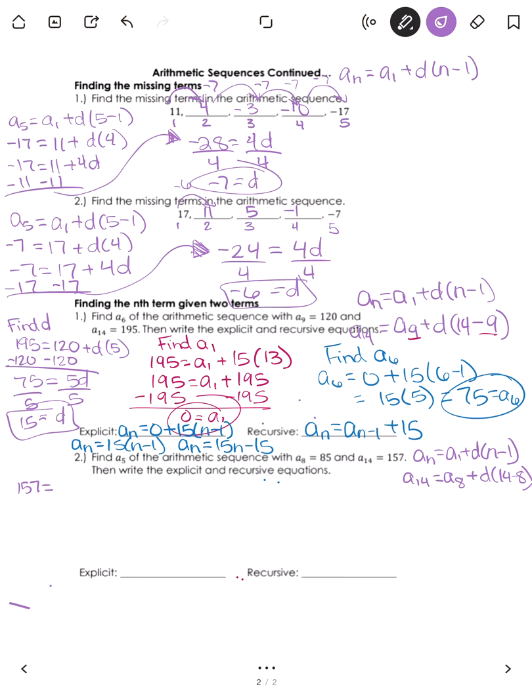equal to 85 plus D times 8, 14 minus 8 is 6, sorry. So I subtract 85 from both sides.